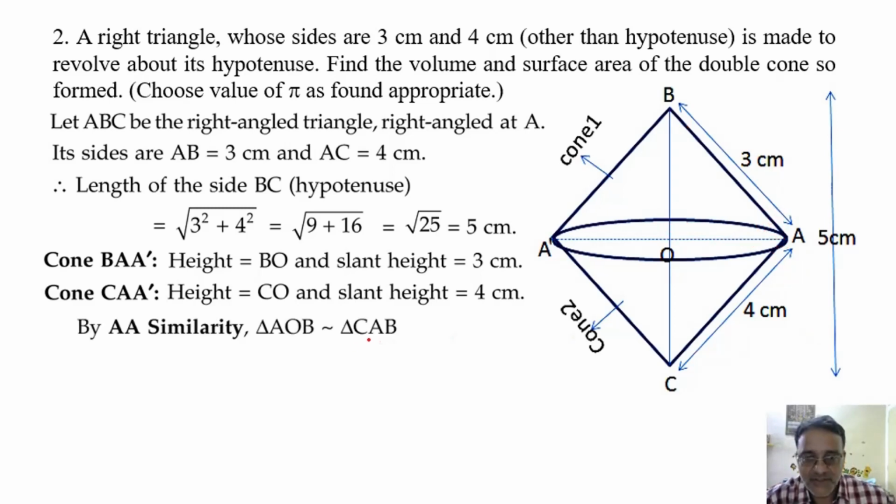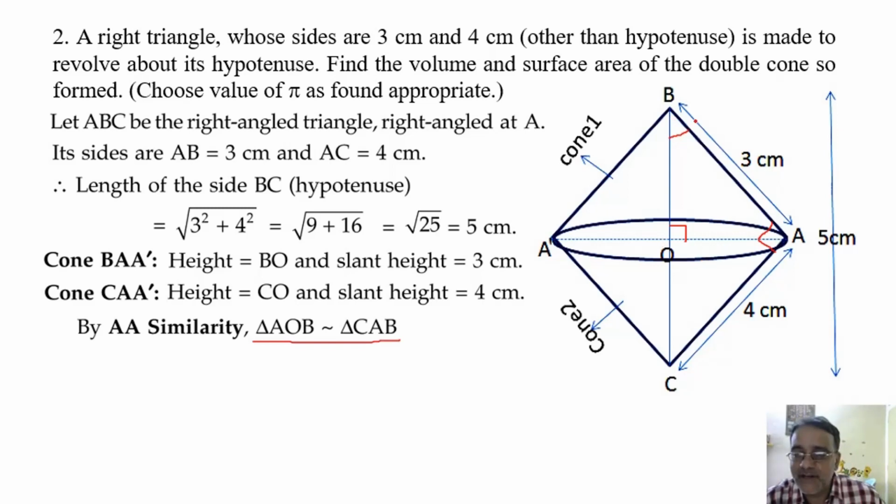So these two triangles are similar by AA similarity. I'm repeating once again: angle B is common to both triangles AOB and CAB, and these two are 90 degree. Are you able to identify the triangles here in the figure? Yes, sir. AOB and CAB.